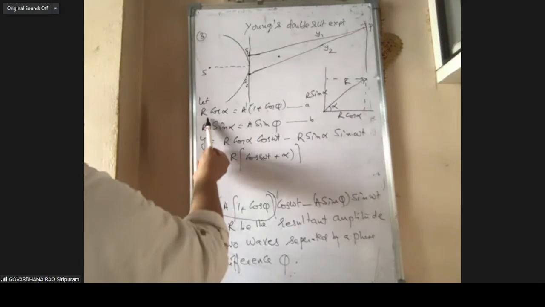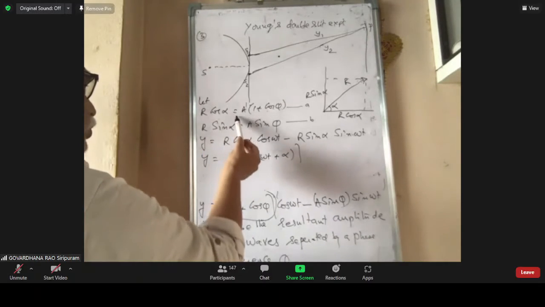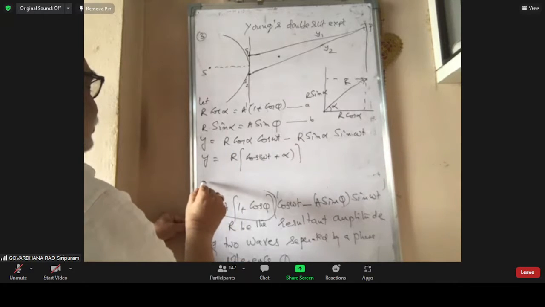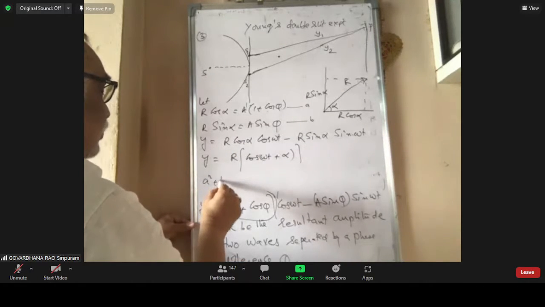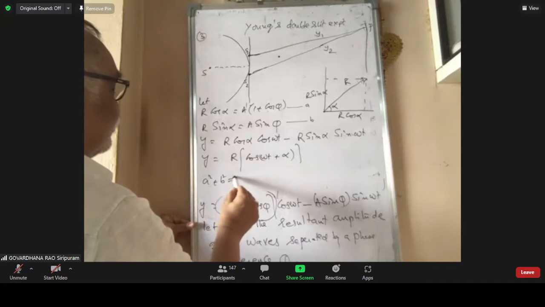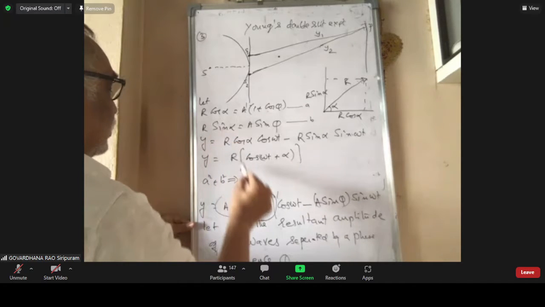Suppose you want to find out the resultant amplitude. Square both and add them: A square plus B square. What you will get: R square cos square alpha plus R square sin square alpha, so square root. What is this? A square into 1 plus cos phi whole square plus A square sin square phi.